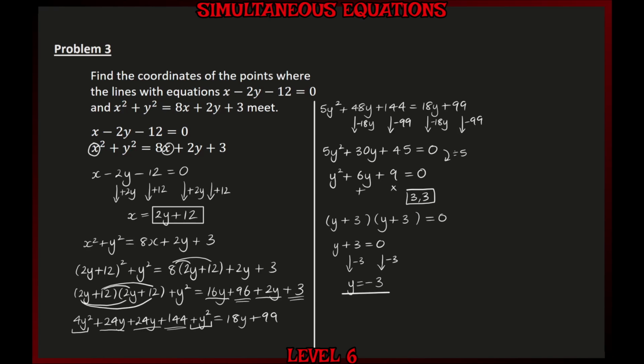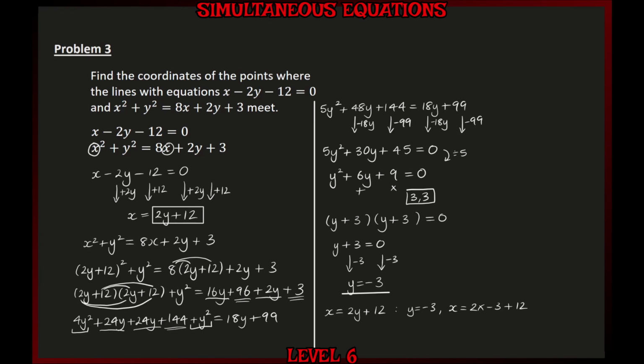To find the corresponding value of x, we're going to take our rearranged equation from earlier, x is equal to 2y plus 12, because x is already the subject, and we're going to substitute in here y equals minus 3. So when y is equal to minus 3, this becomes x is equal to 2 times minus 3 plus 12.